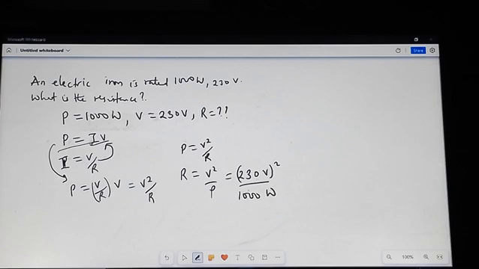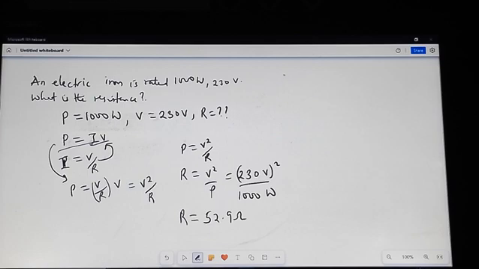Eventually your resistance R will give you 52.9 ohm. So once you come across any question expressed in this format, you know the exact equations to apply.